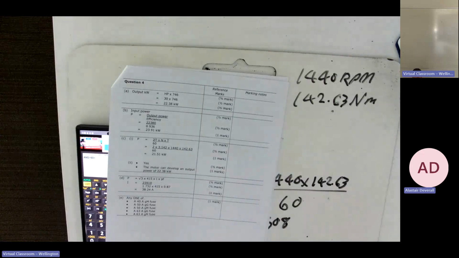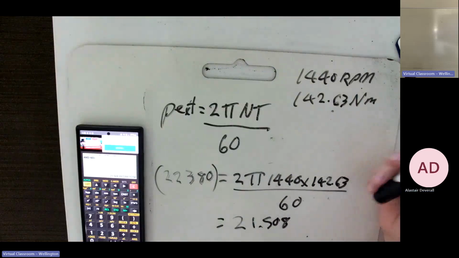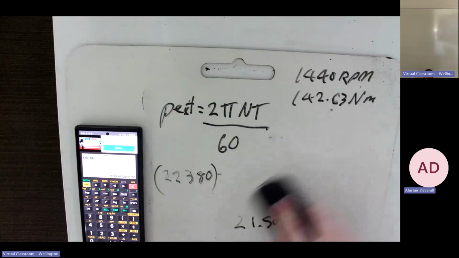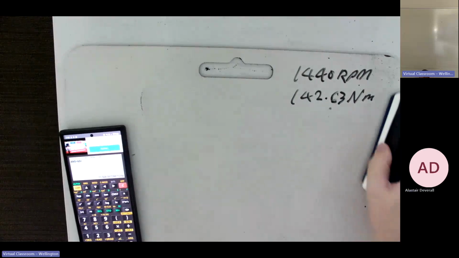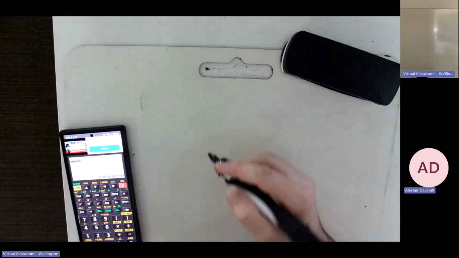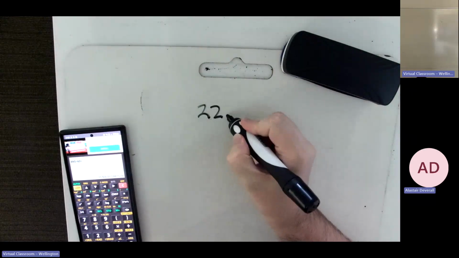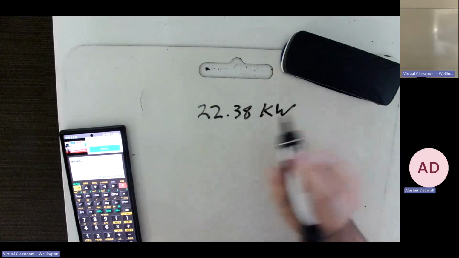Calculate the line current drawn by the motor. For this one, we need to get our values once again. We're dealing with the output power, so our output power is 22.38 kilowatts.